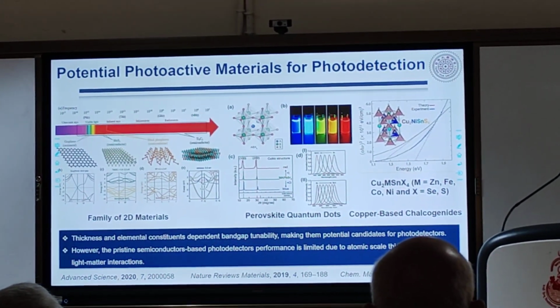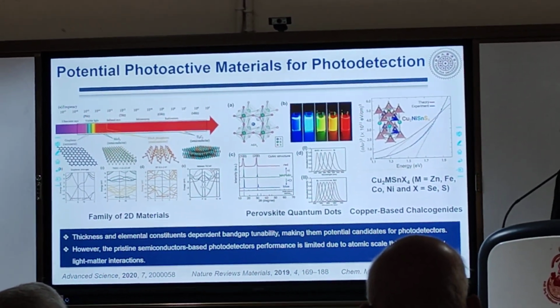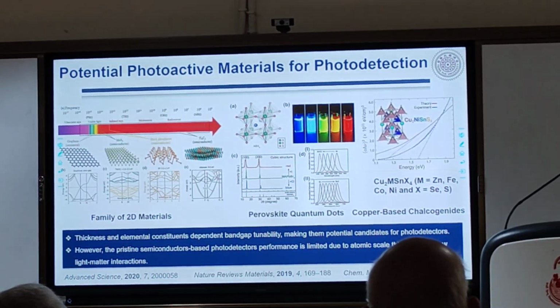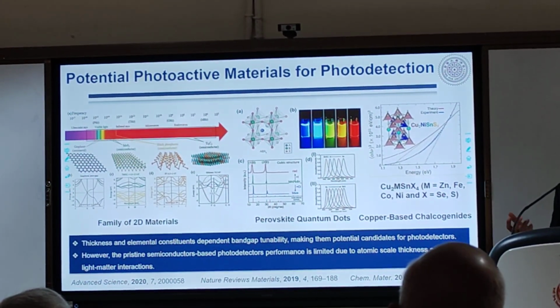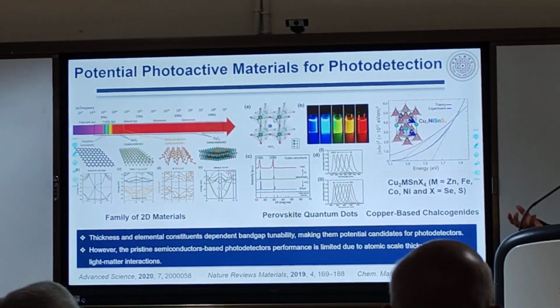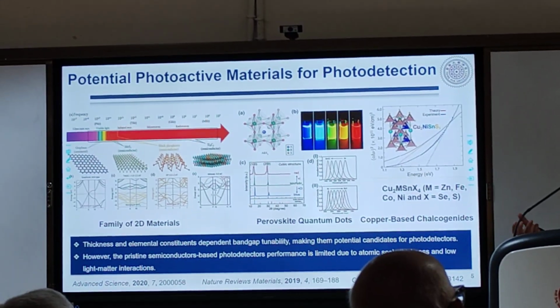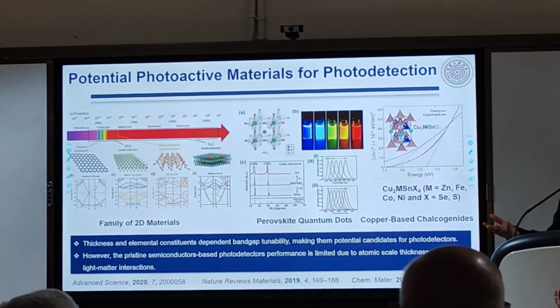Thickness and elemental constituent dependent band gap tunability make them potential candidates for optoelectronic devices. However, if you use these materials pristine, their performance is not good because they have very low light matter interaction due to the very thin layer of the 2D materials.